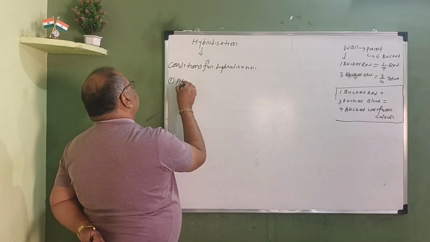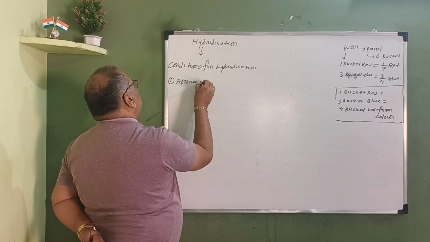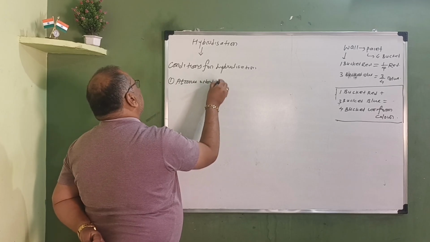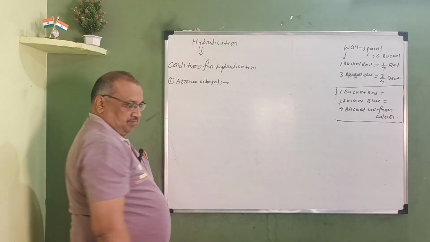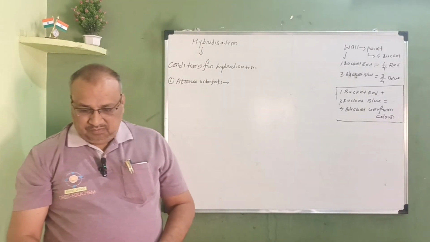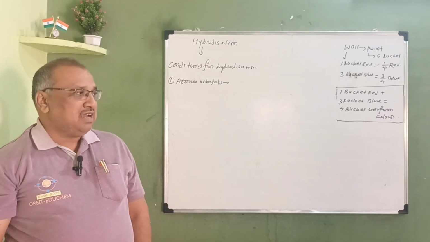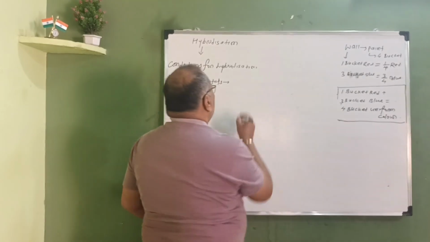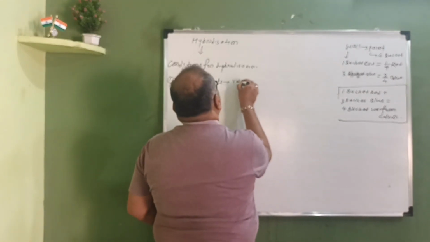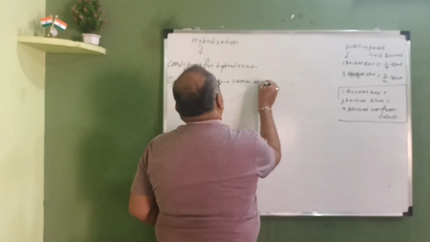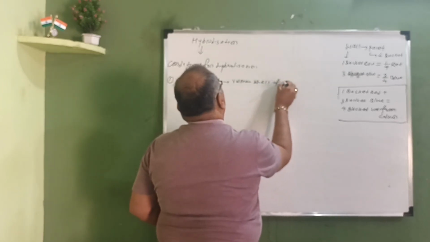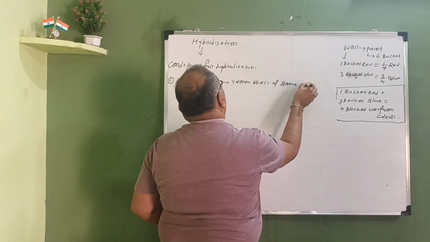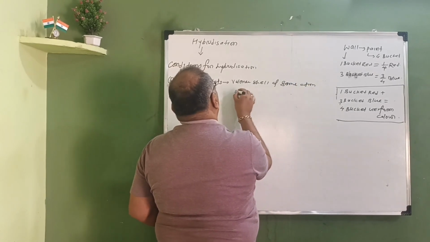Here atomic orbitals participating in the process of hybridization should belong to the valence shell of the same atom or ion.